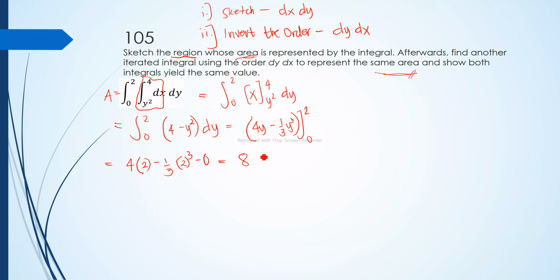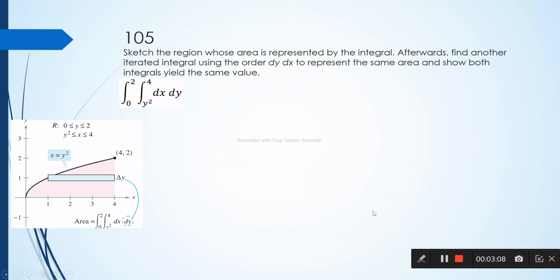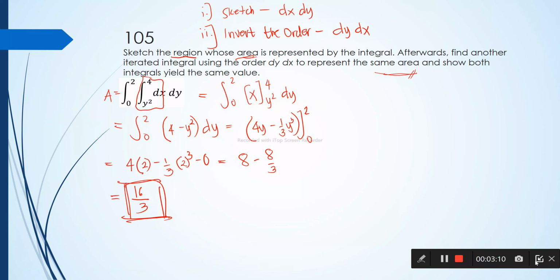So we have 8 minus 8 over 3, or simply 16 over 3. So this is the area: 16 over 3 square units.